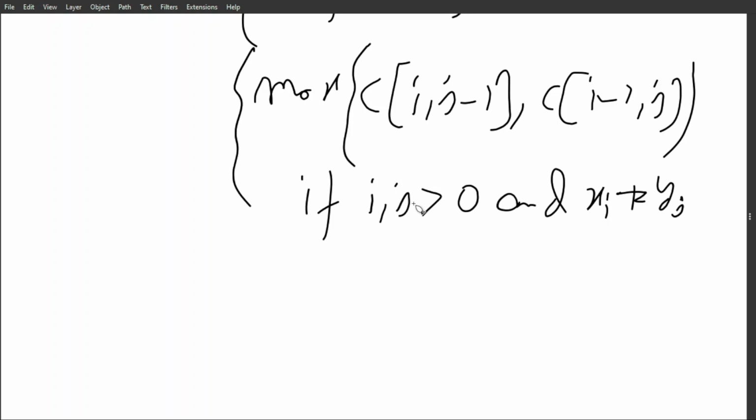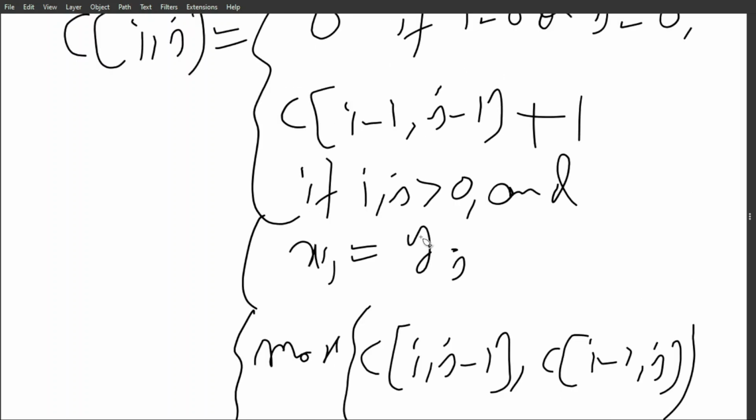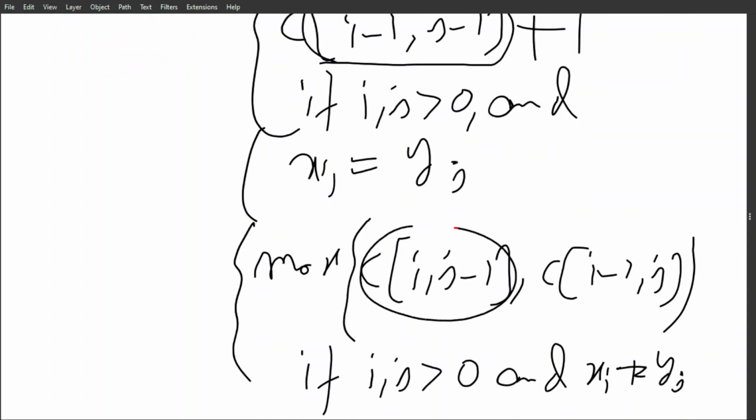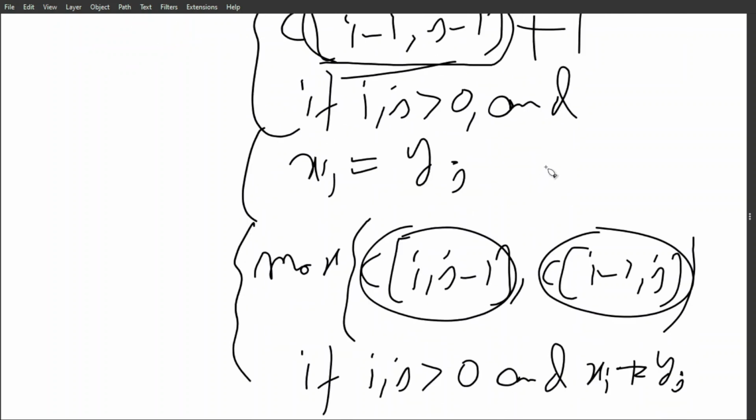Yes, we can also recover. So this is one table; a second table we also maintain. In the second table, we just see which of the possibilities is giving the optimal solution. In the first case, there is no choice. In the second case, we have to determine by finding the maximum, either this or this.